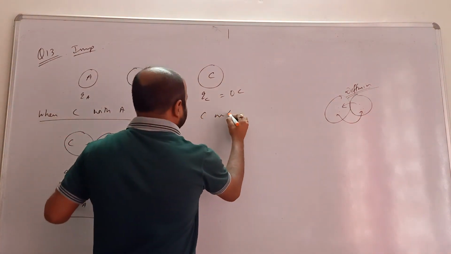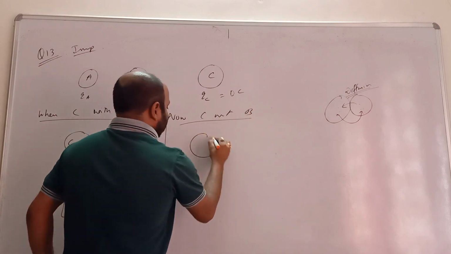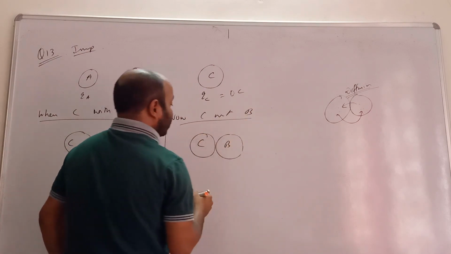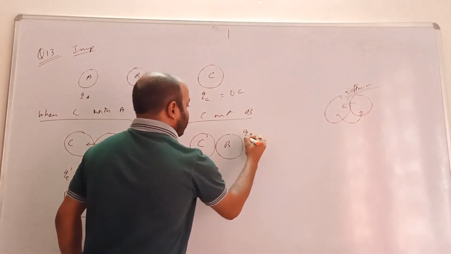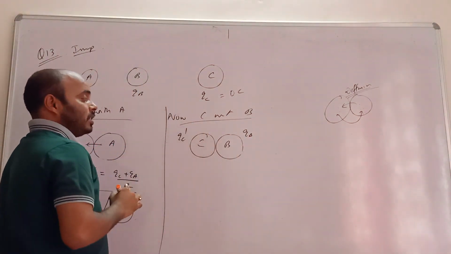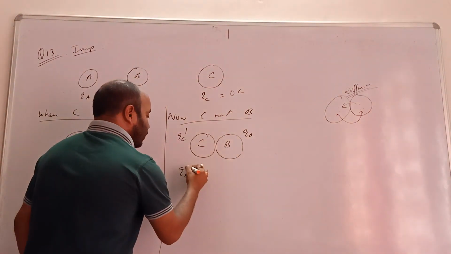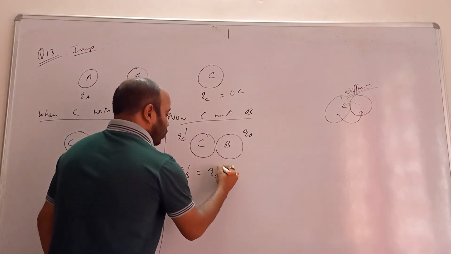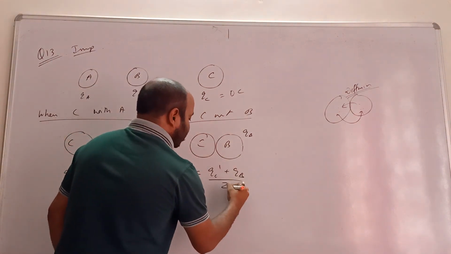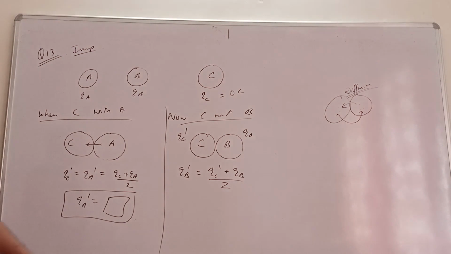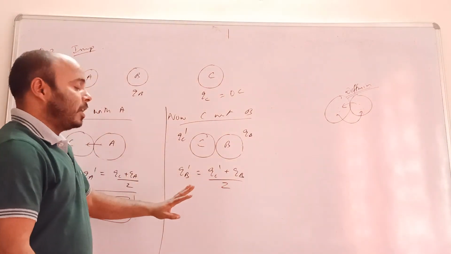Now C is in contact with B. So B has a charge QB, C has a charge QC dash. Now the new charge will be the total charge divided by 2, that is, QC dash plus QB divided by 2.